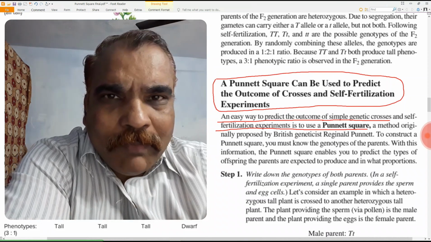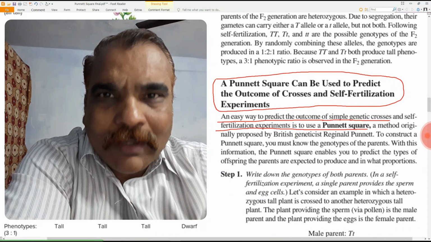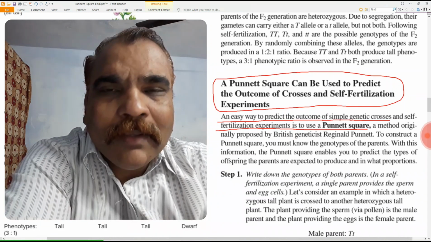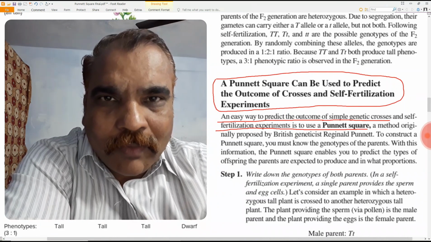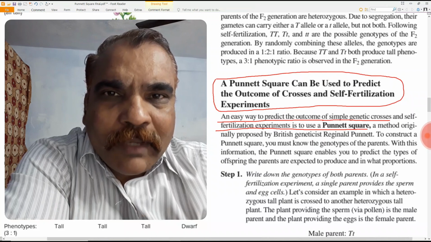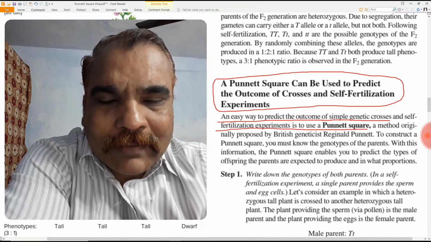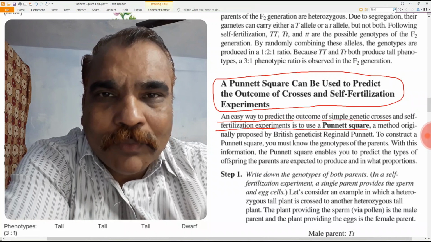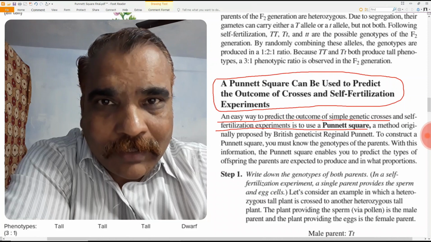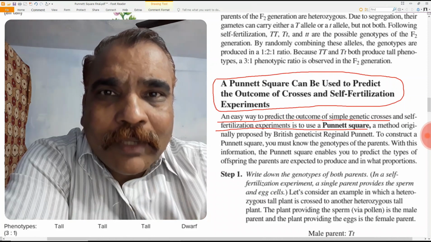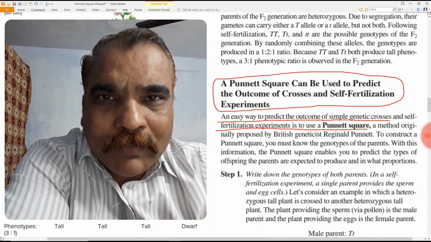Now, you and me, both of us, are not Mendel, and we are not performing our experiments on pea plants. Even though, someone tells us to find out the progeny, the offspring's genotype and phenotype.